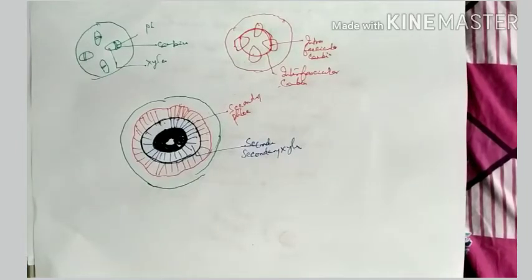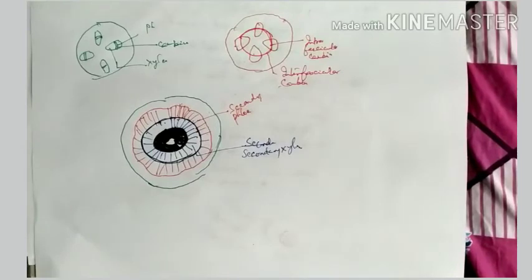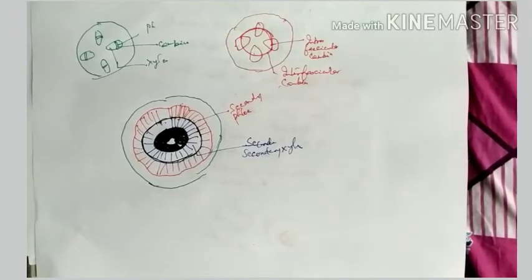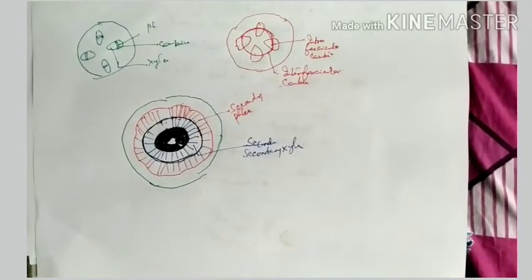Therefore another ring of cambium is formed outside the cortex, and this cortical cambium is known as the cork cambium.